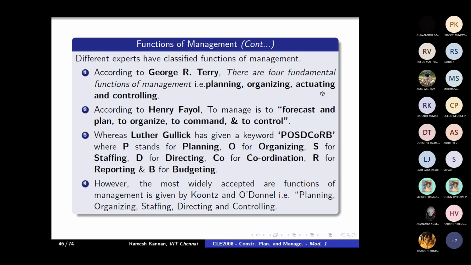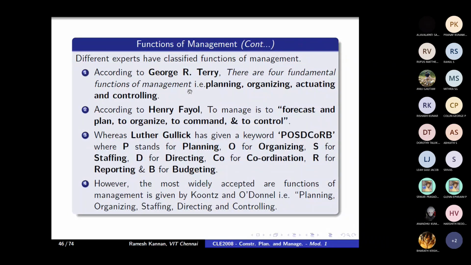Actuating is the actual construction process, and controlling is about incorporating additional mechanisms if the project goes late, or checking whether something goes wrong from the actual plan, and if so, how to bring it back to the original level. In order to maintain equilibrium, we need to look into the controlling phase also, right? So there are four phases, I repeat: planning, organizing, actuating, and controlling. This is what George R.